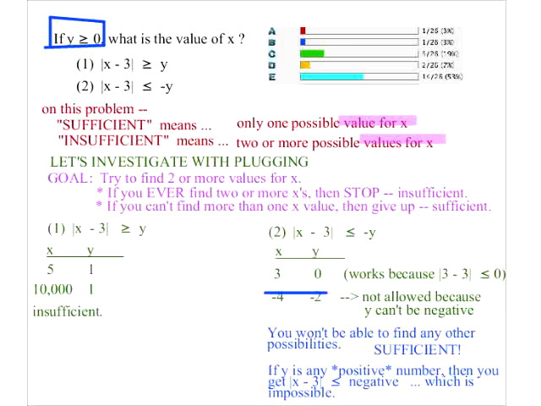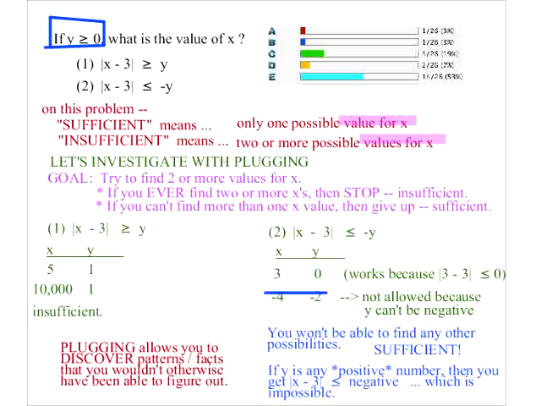The other point about plugging is that plugging allows you to discover patterns or facts that you wouldn't otherwise have been able to figure out. From the results of the polling here, it's clear that you didn't really figure this out.